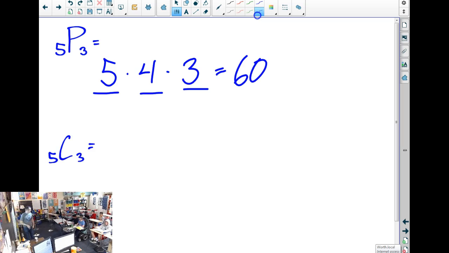How do you do combinations? It's the same thing as permutations, but you click the NCR instead of NPR. And combinations is actually a sixth of 5 permutate 5.